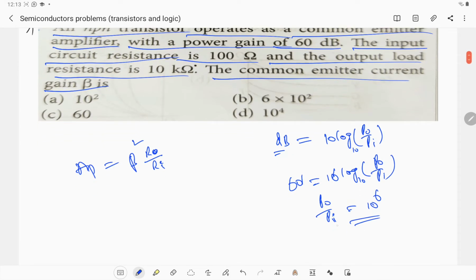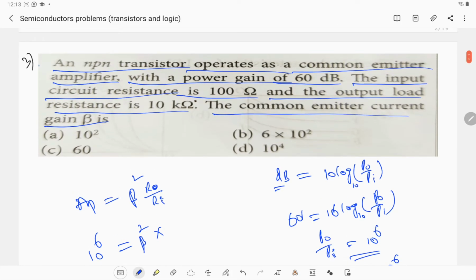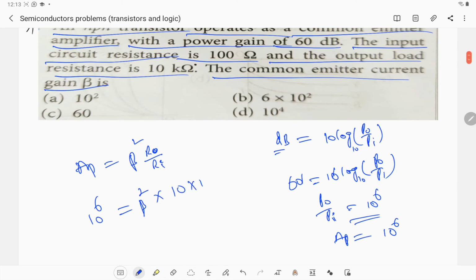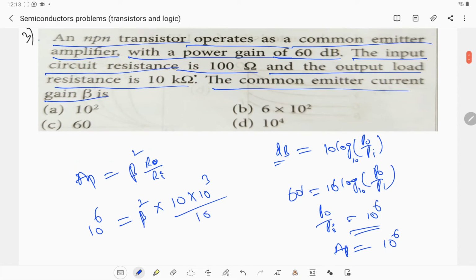This is nothing but the power gain AP, which is 10 to the power of 6, and beta you have to find out. The output load resistance is 10 kilo ohms, 10 into 10 cube, by input resistance 100.